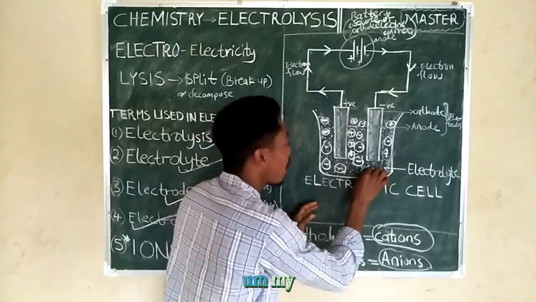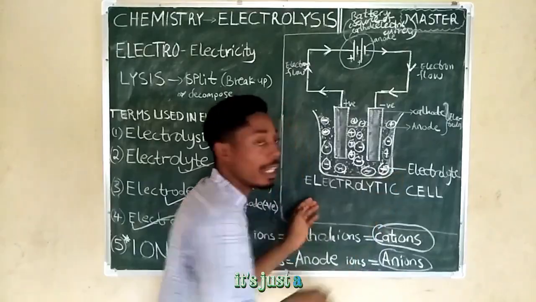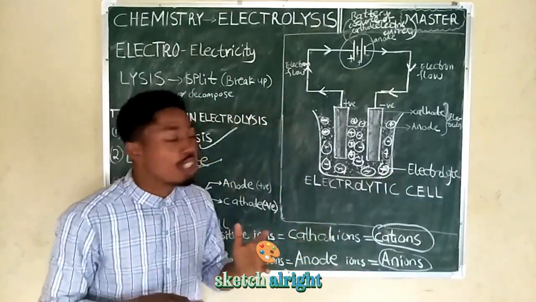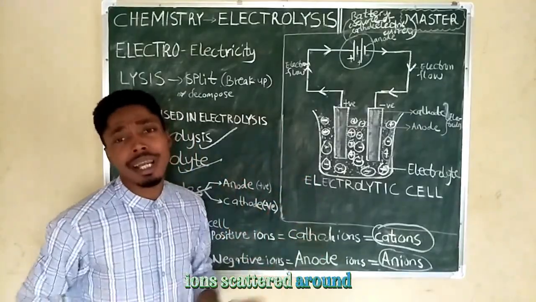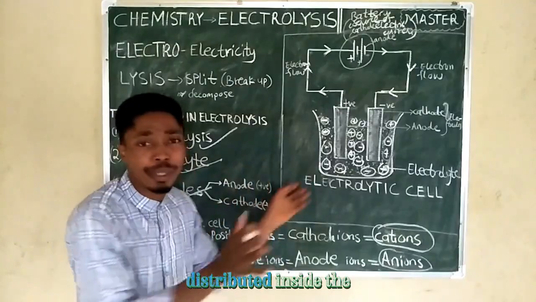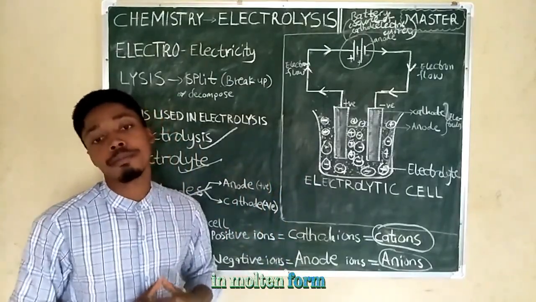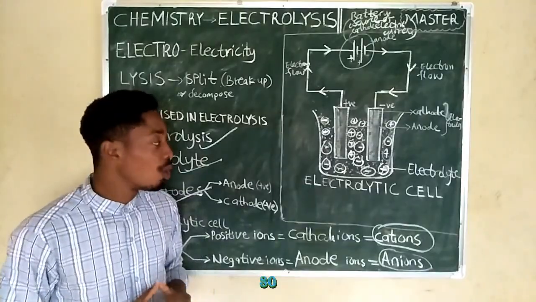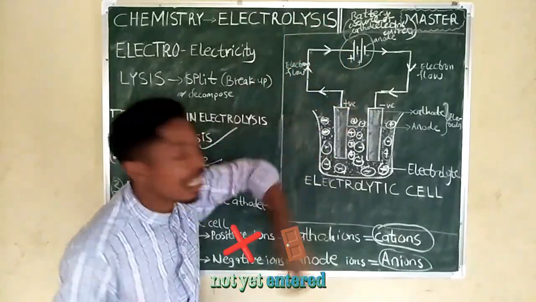What I am showing you here is just a sketch, alright? The concept is that there are positive and negative ions scattered around the electrolyte. They are distributed inside the electrolyte as long as it is in molten form, and electric current has not yet entered it.